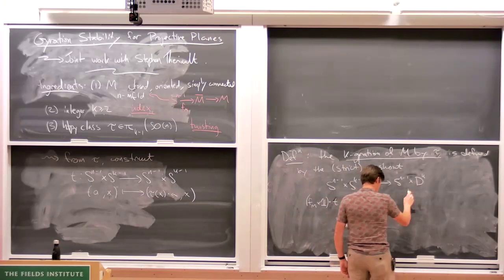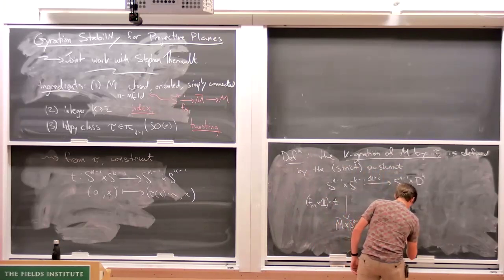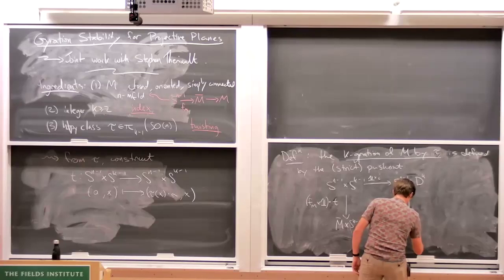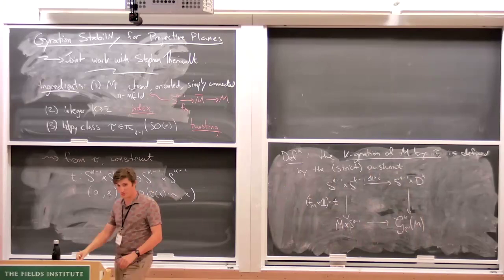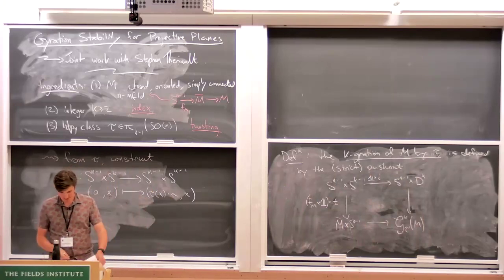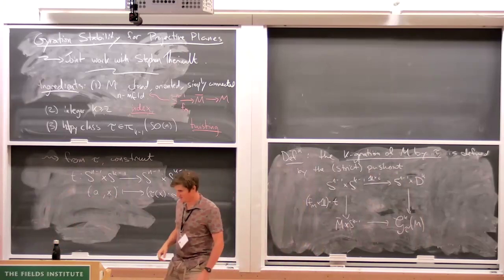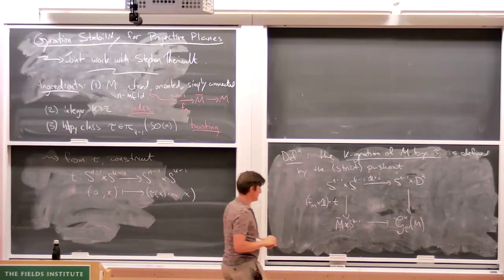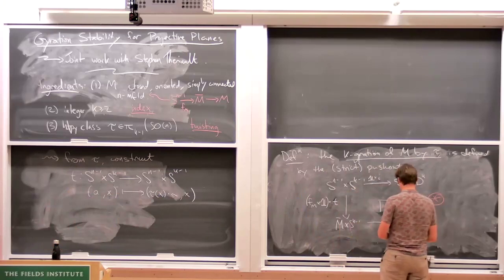The pushout of this is written calligraphic G sub tau upper k of M. And that's your gyration. Let's give this diagram a name. Call it star.